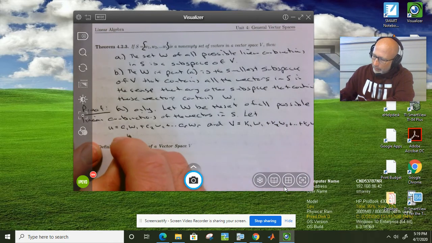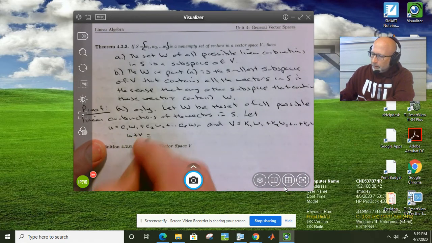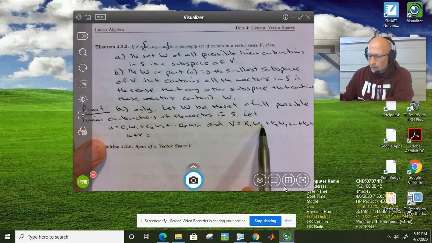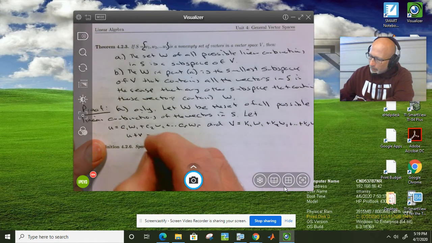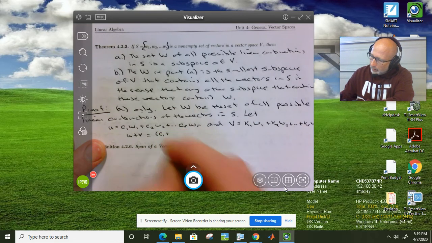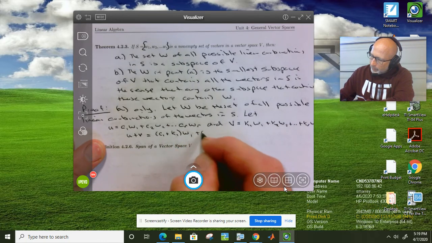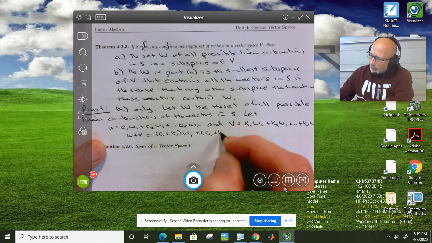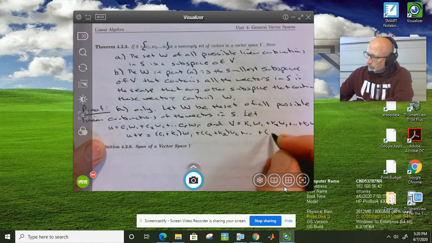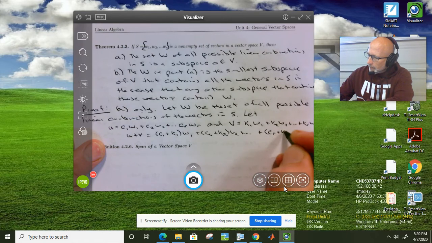Let's take a look at what we get for U plus V. I'm just going to add these two vectors together. You notice I have C1W1 plus K1W1, so I can factor out the W1. So I end up with (C1 plus K1)W1 plus (C2 plus K2)W2 all the way up to (CR plus KR)WR.